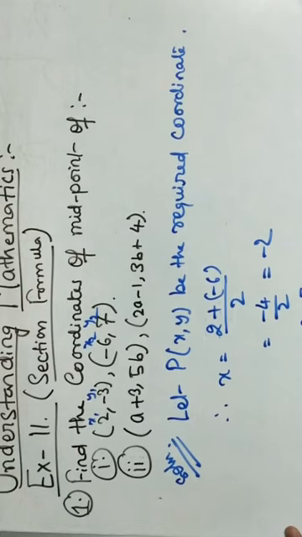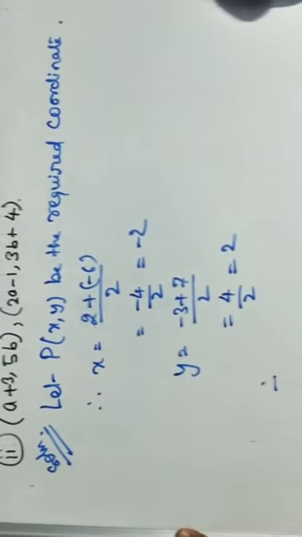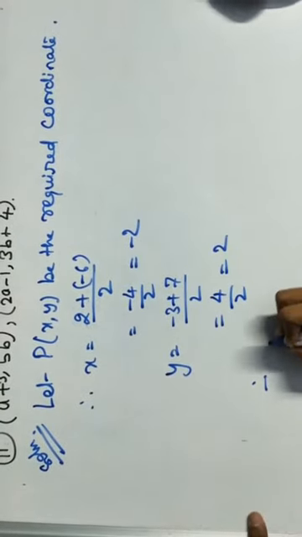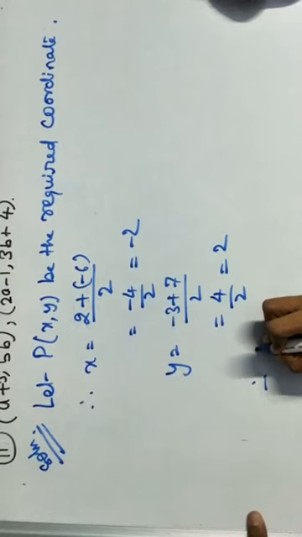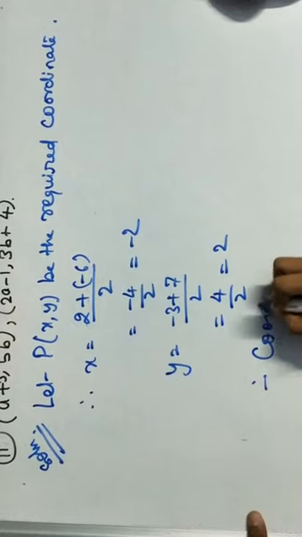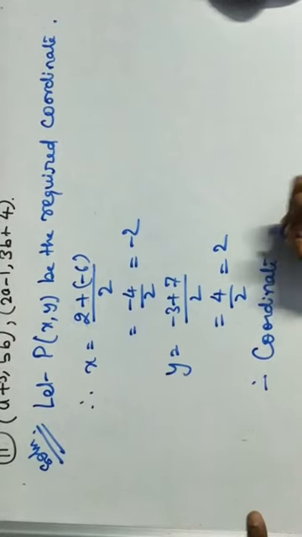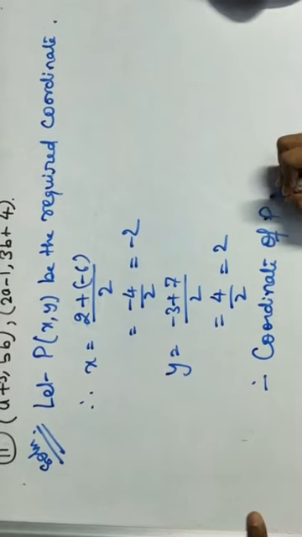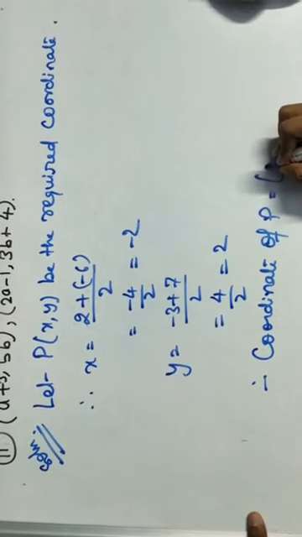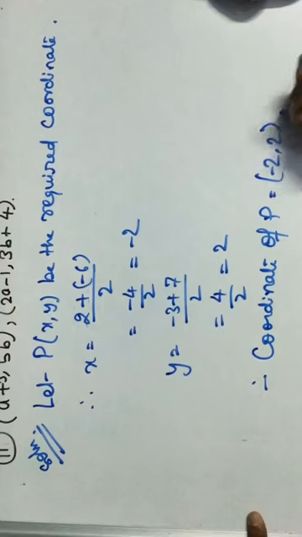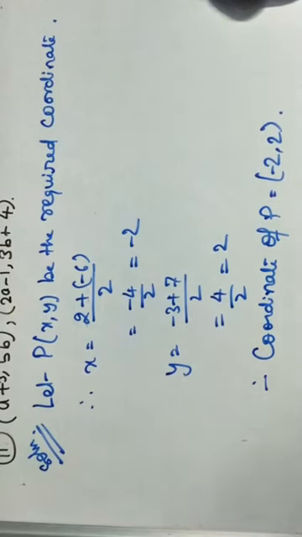This will be 4 by 2, that is 2. So therefore the coordinate of P is (-2, 2). So this is the first answer.